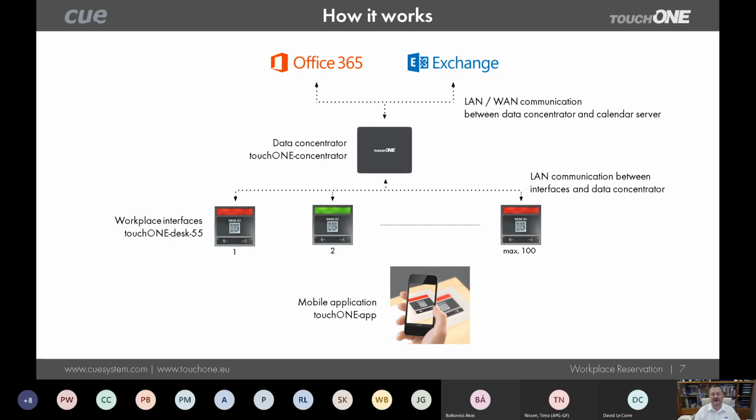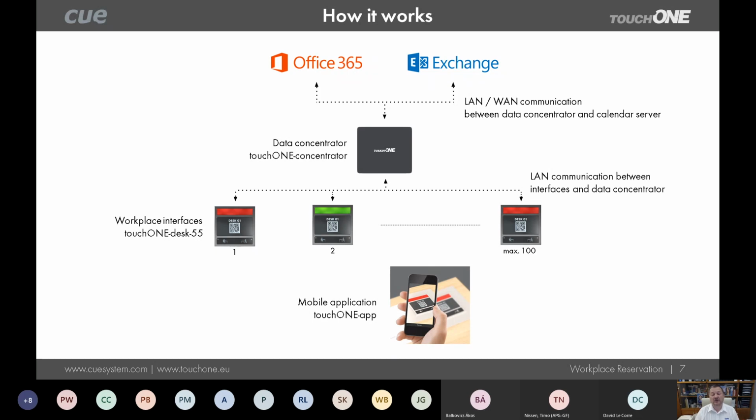If you have a network split and you have 4 different subnets, then even for 150 units installed somehow between 4 different subnets, you have to consider using 4 touchONE concentrators. So remember this important rule, and when you do your design, don't forget to check what is the topology of your network.